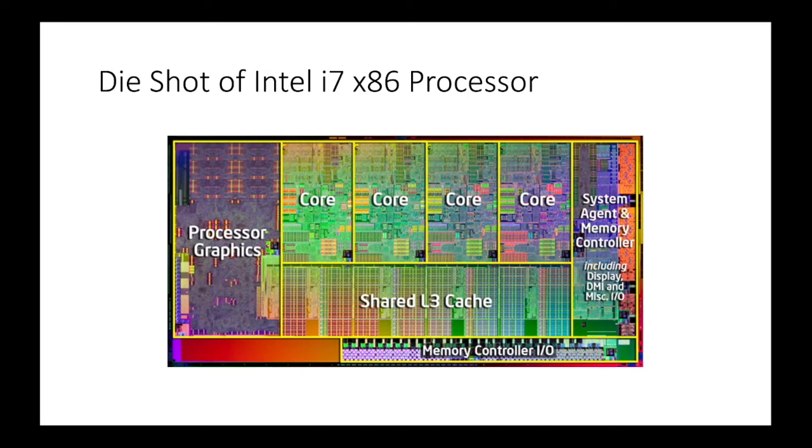Here is a die shot of a quad-core Intel i7 x86 processor. There are 4 cores in the middle, along with a shared L3 cache. There is also an embedded GPU on the left and other modules.